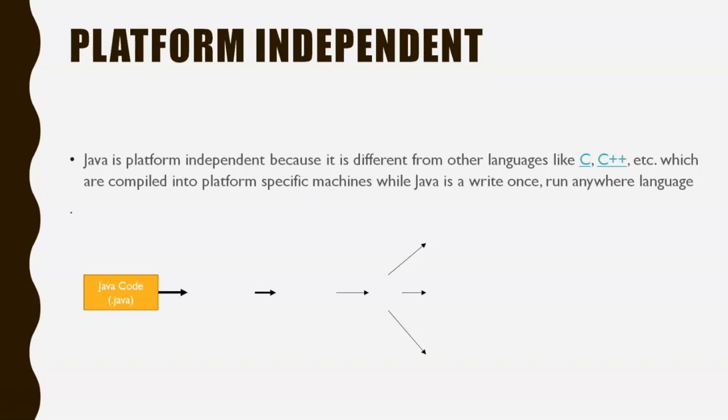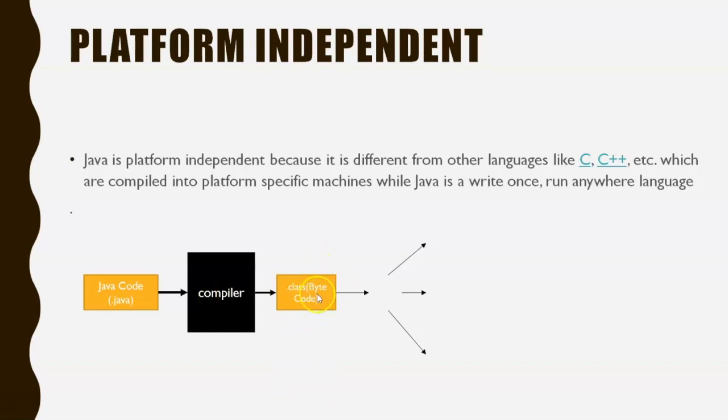Okay, now when we talk about Java, the first question that always comes is why Java is platform independent. When you have .NET programming, it is platform dependent. Java is platform independent because you can write a program on one computer and execute it on different machines like Mac or Linux. You write a Java program in a .java file, then use the Java compiler to convert that to bytecode.